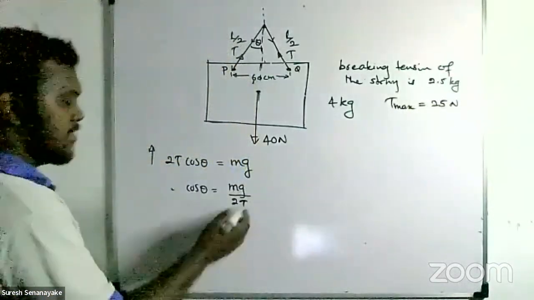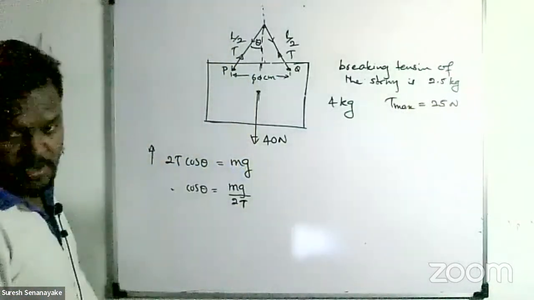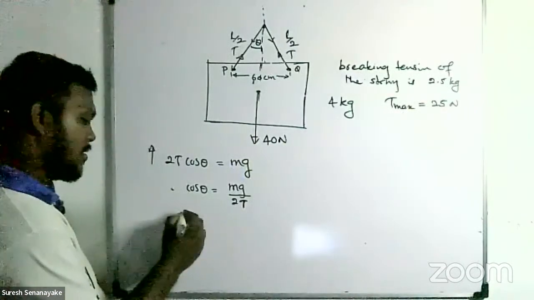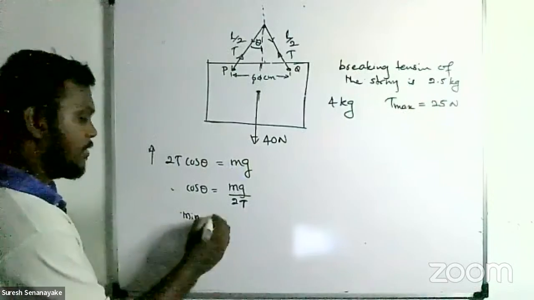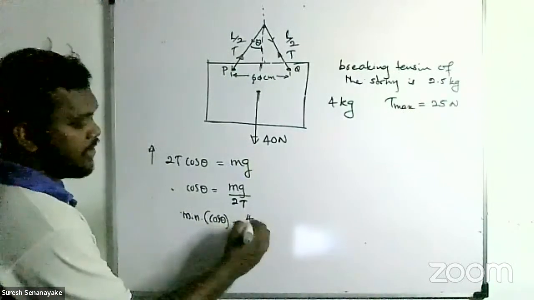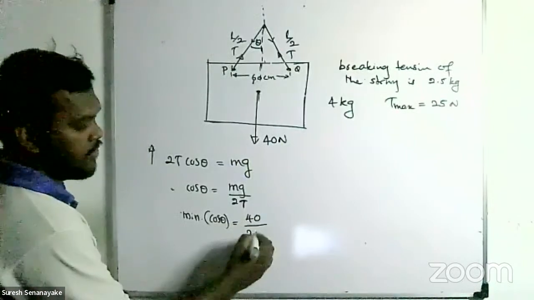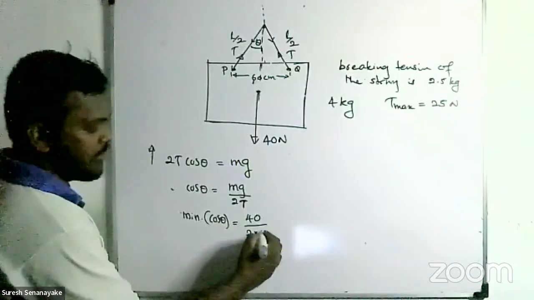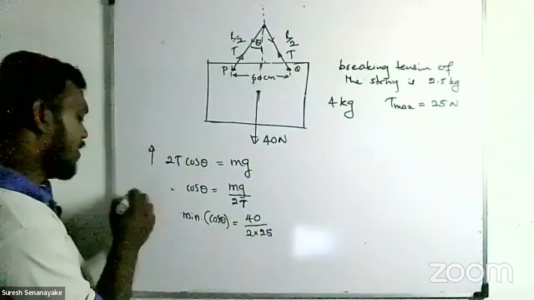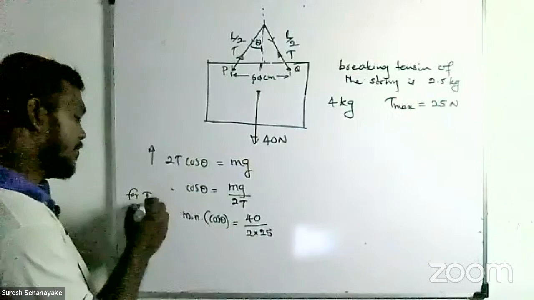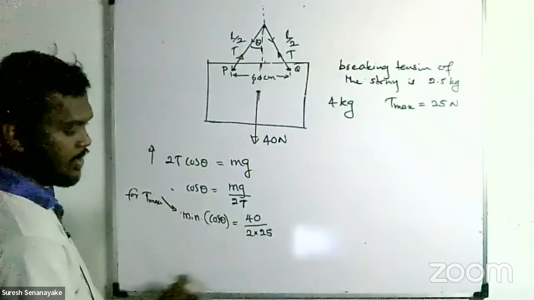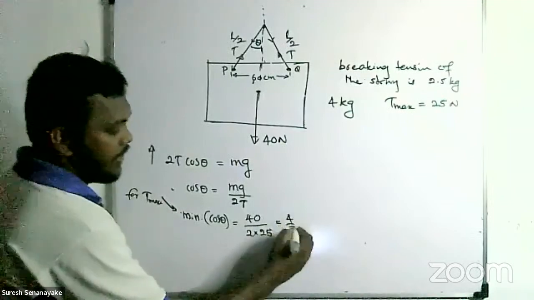So maximum tension means the minimum value of cos theta. The minimum value of cos theta equals mg, which is 40, over 2 into the maximum tension 25. That equals 4/5.